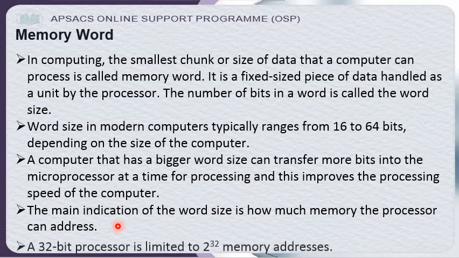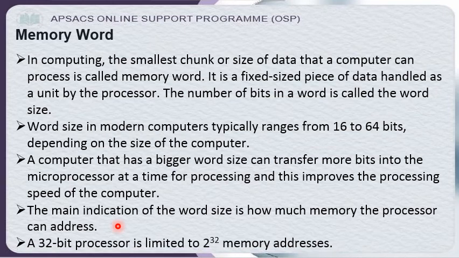A 32-bit processor has a limit of 2 raised to power 32 memory addresses. Remember that the processor and main memory should have the same speed.